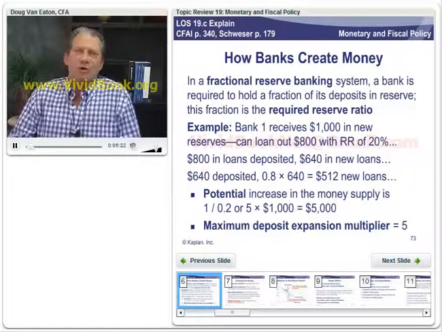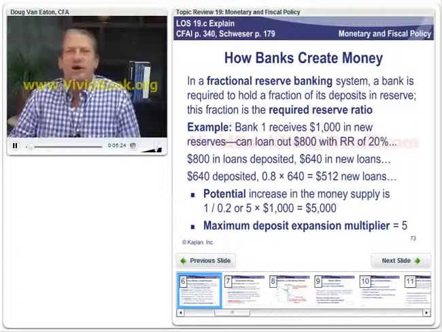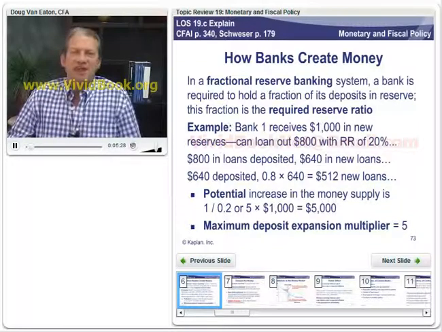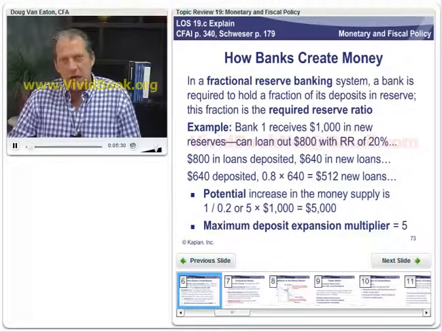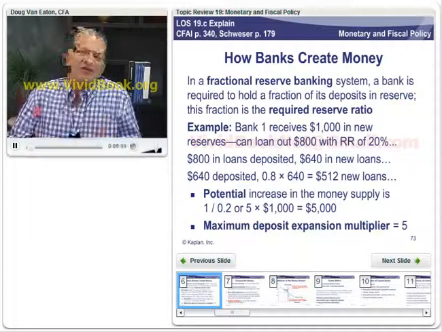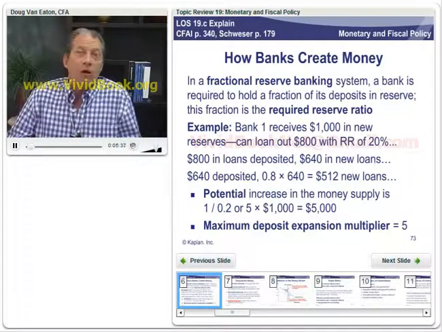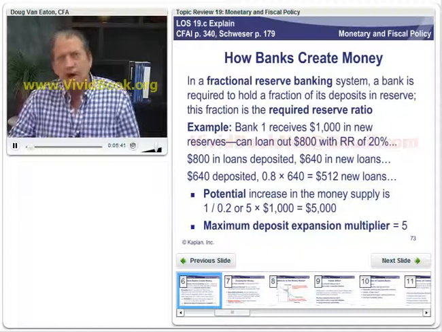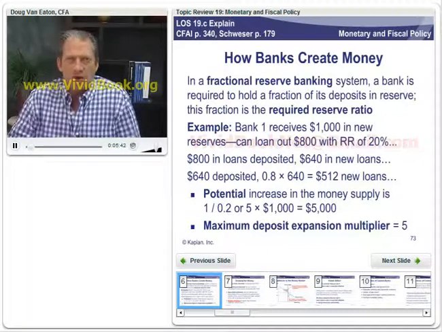Well, the story is that 800, let's say it gets deposited in another bank. Well, that bank can loan out 80% of that, or $640 in new loans. And then we can take that, if that is deposited in full, the banking system could create another $512 in loans.